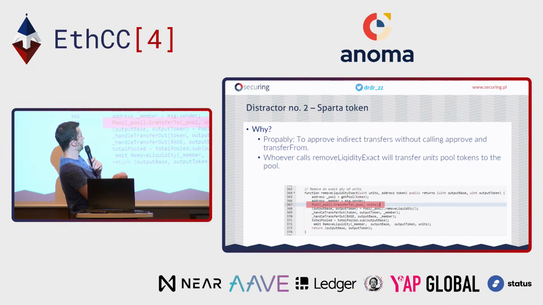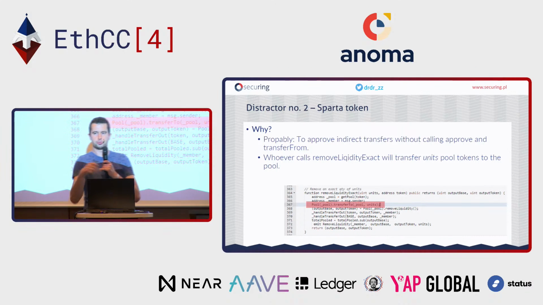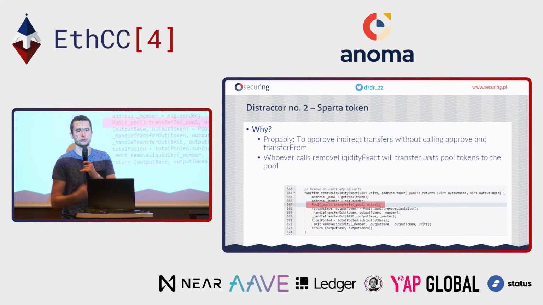Because look here, there is a function remove liquidity, whatever. When the user calls it, they call the transfer2 function on the pool, because the pool also had this function, and the user would send these units to the pool on behalf of the user. So the user didn't have to approve it, right?